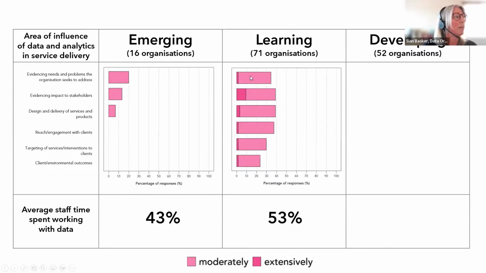You can see not only are they evidencing needs, and they're much stronger around evidencing that impact to their stakeholders, and also probably in the forefront with that is the design and delivery of services. But they're really picking up on things like client outcomes and targeting of services and their reach.